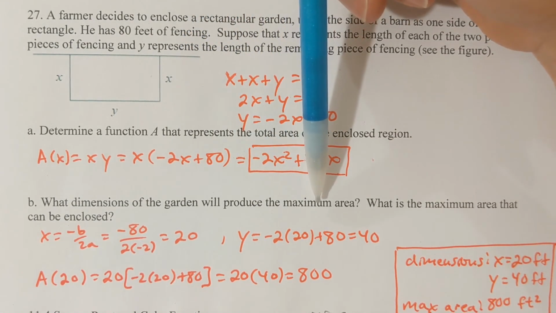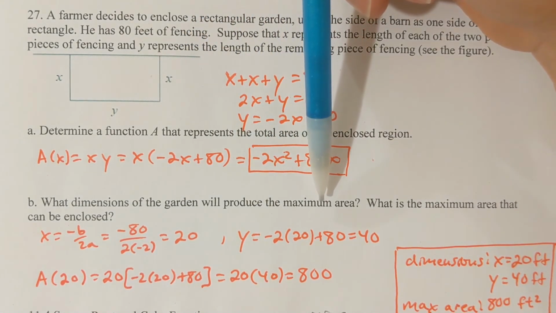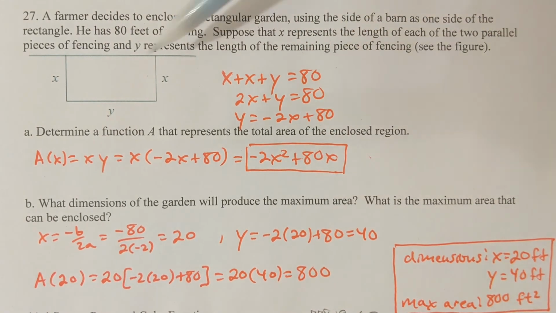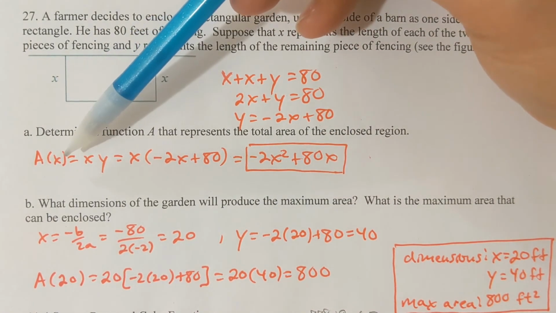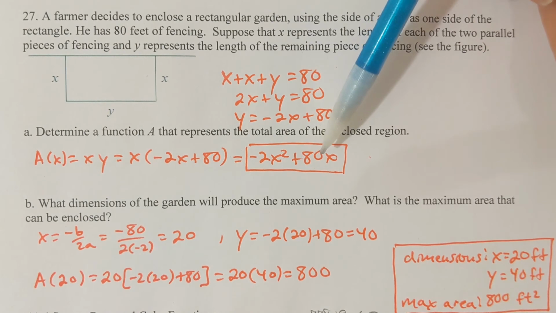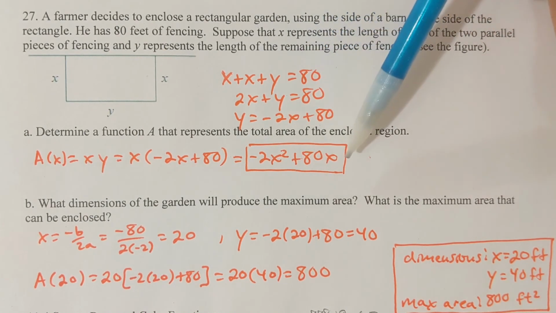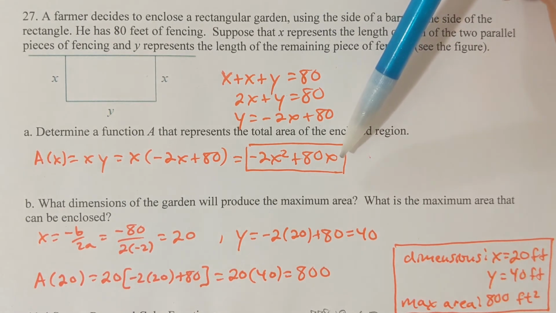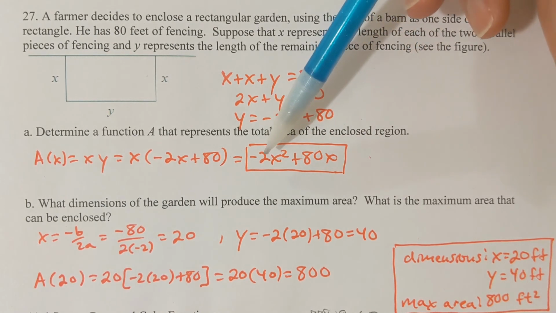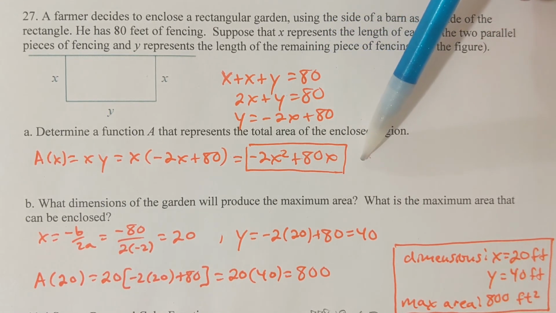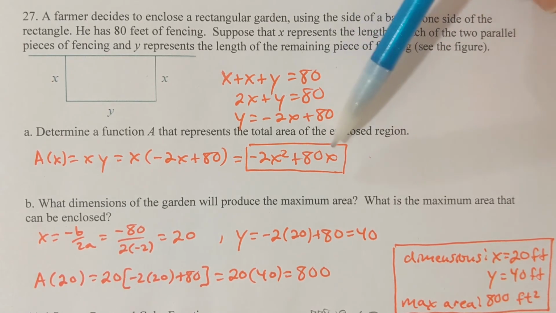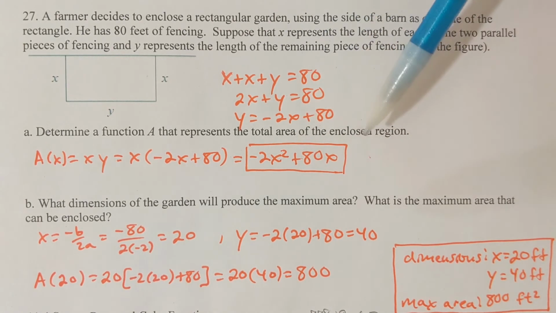maximum is a key word. Okay, so the thing to see here is that this function, this formula that we've created, is a parabola, right? I'm working with a quadratic. In other words, I'm in the form ax squared plus bx plus c. C is 0, that's okay. A, b, and c can be any numbers, just don't let a be 0.